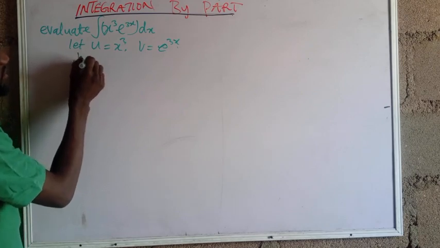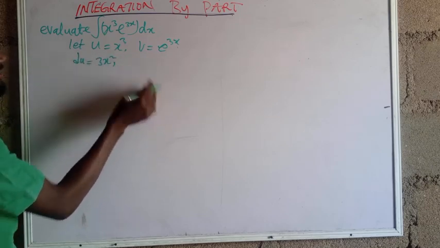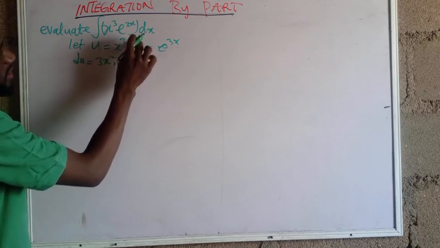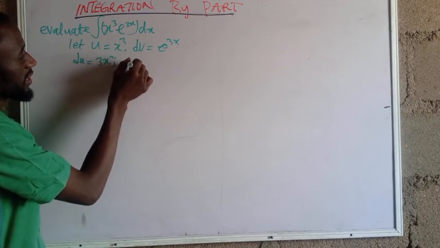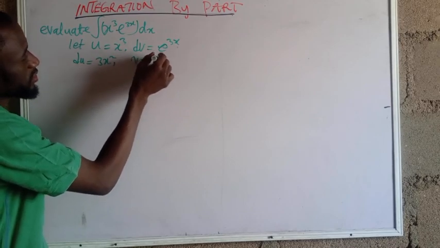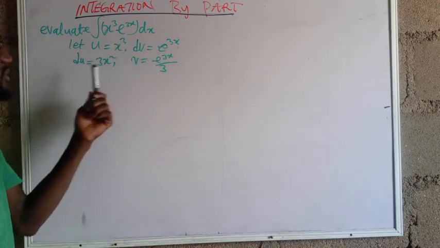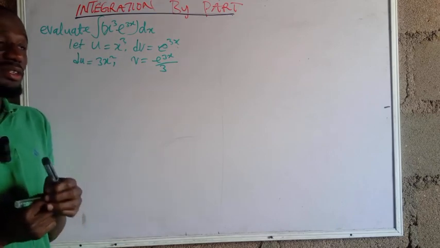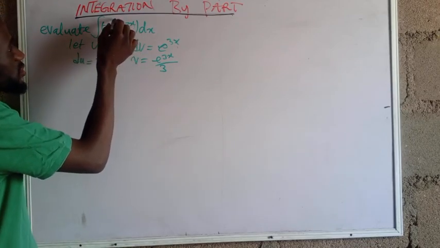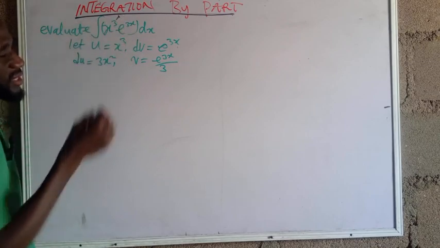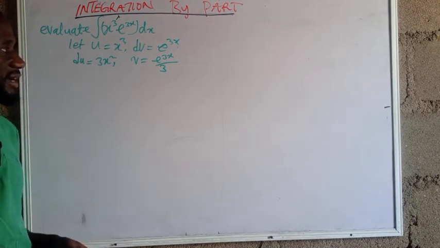We are going to have du equals 3x squared dx, and you can integrate dv to get v, which is equal to exponential 3x all over 3. Once you integrate this and differentiate that, this is integration by parts. Remember that you must solve it 3 times before you reach the final answer.